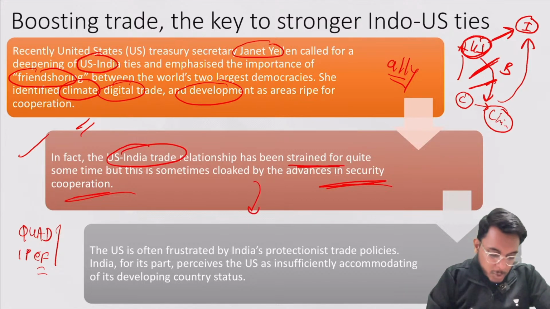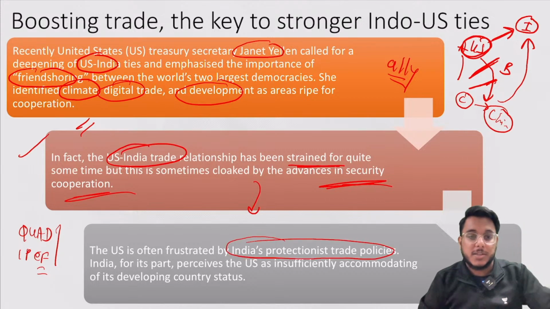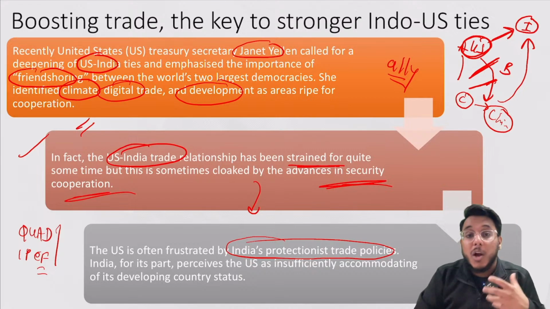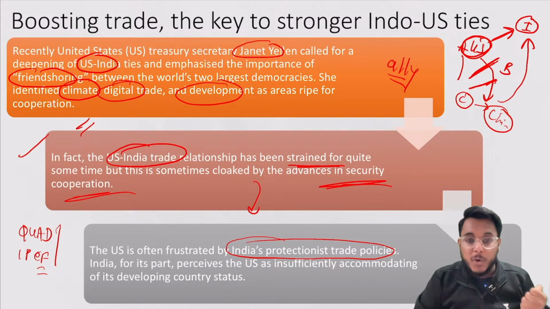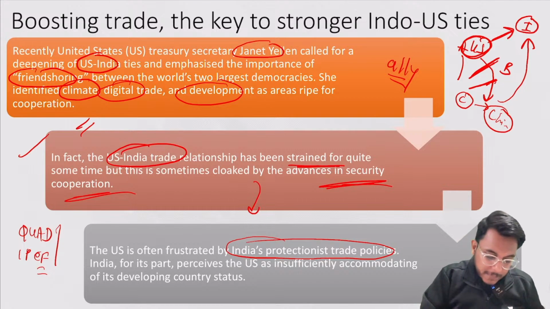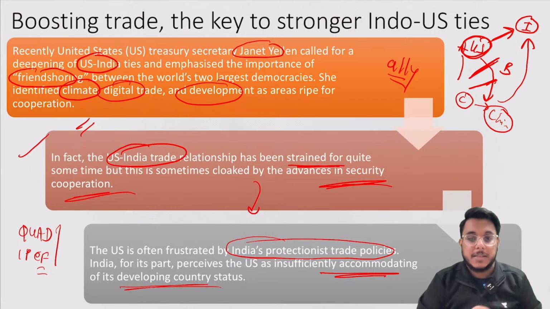Why? For example, the US is frustrated by India's protectionist trade policies. India is not opening up as the USA expects. Moreover, the USA finds India insufficiently accommodating of its developing country status. Now guys, understand this.